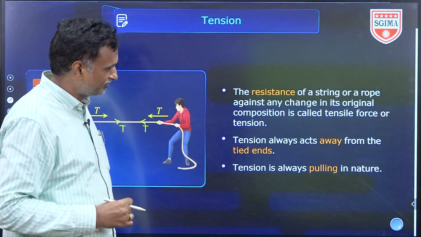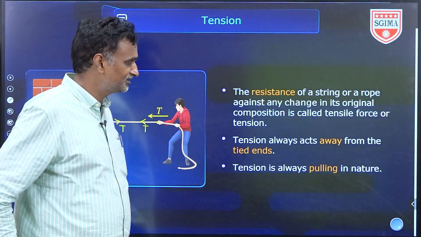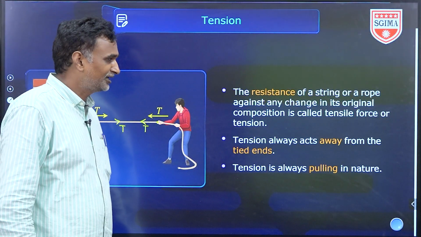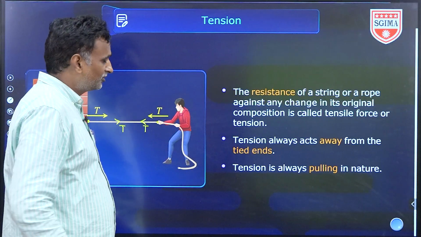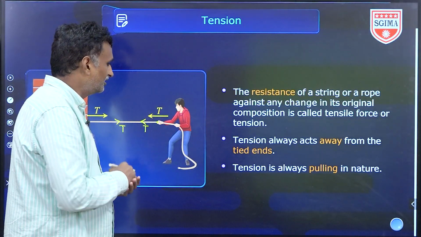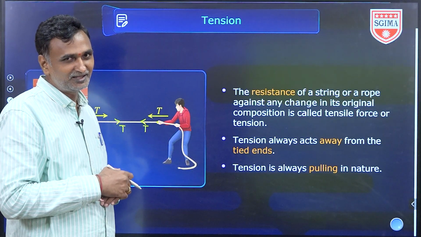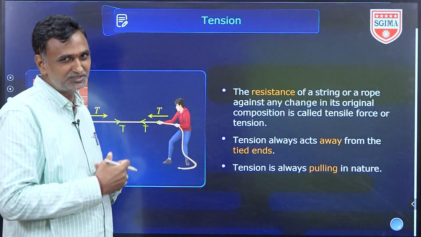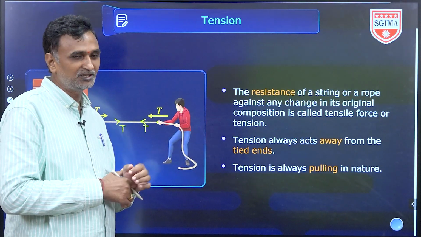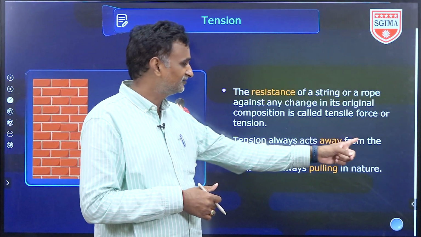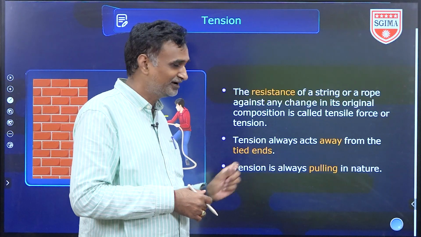Whatever change is made in that rope or string is opposed by its resistance to the change. That is called tension force. Tension always acts away from the point or tied ends.